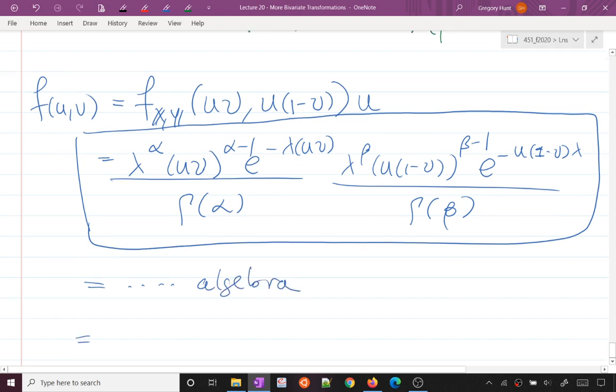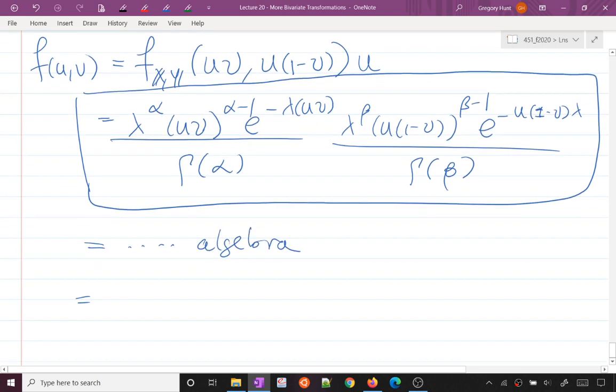I'm not going to do all the tedious algebra, but you can basically collect together some terms: the lambdas, lambda to the alpha plus beta, and the gamma of alpha and the gamma of beta. None of those terms depend on u and v. And if I collect all the powers of u, what I'll be left with is u to the alpha plus beta minus 1. There's a u here, and there's a u there.